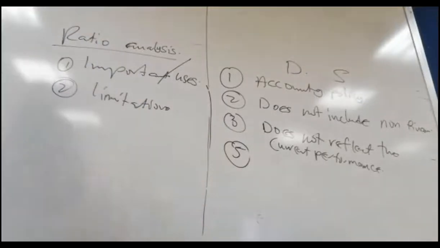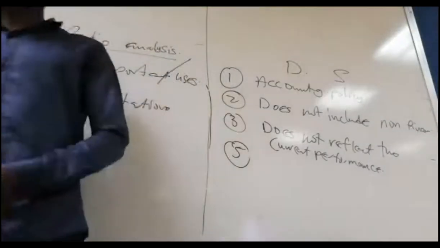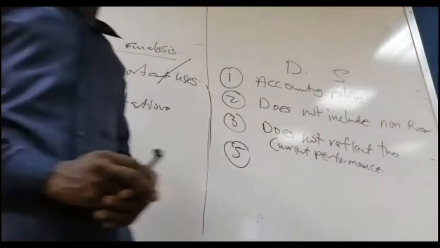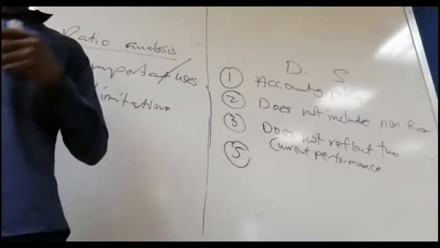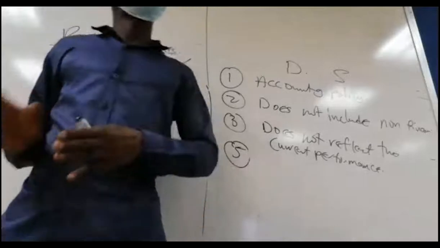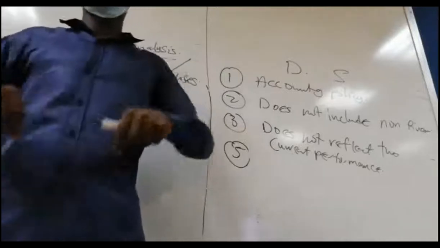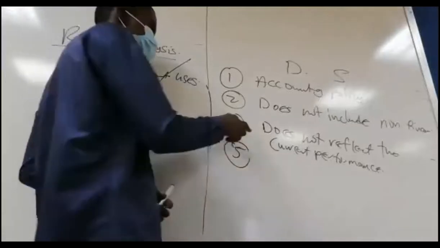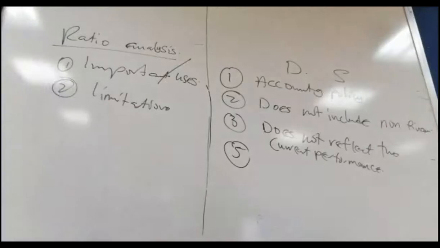Why are you saying this? Let's assume that now we are interpreting 2019 financial statement, or even 2020 financial statement is ready. If for 2020 we are in 2021, it does not mean that if things were bad in 2020, 2021 will also be bad. Or if things were very good in 2019, it does not mean that in 2020 it will also be good. Because it's based on what? Recorded, not future. So that is it.